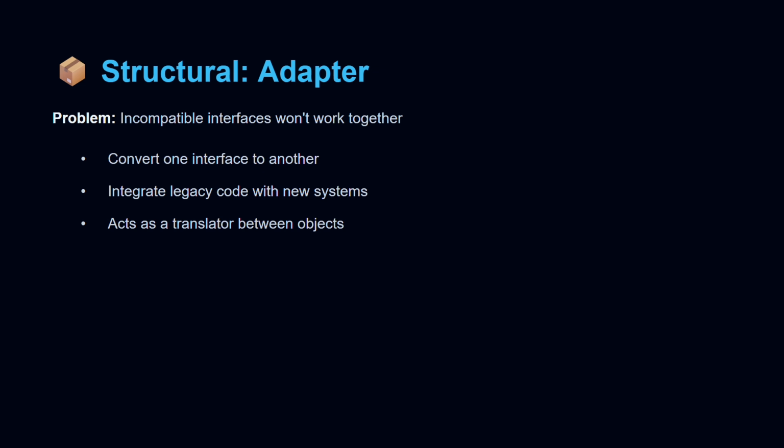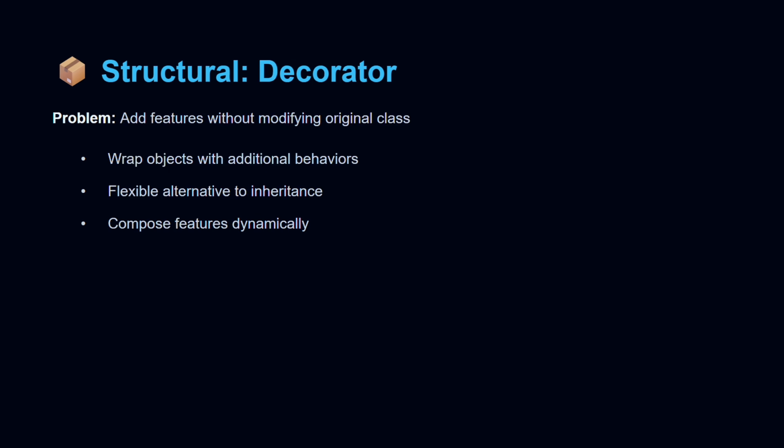Next, the structural Decorator. The Decorator solves a different problem. For example, we want to add features to a class without modifying it directly, because inheritance gets messy fast. So Decorator wraps objects with additional behaviors.